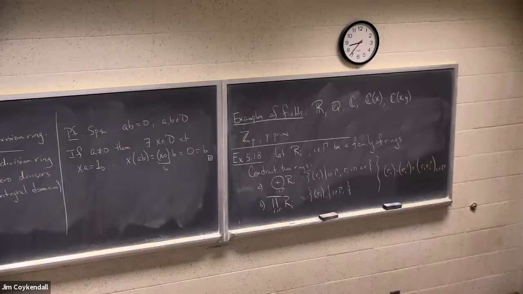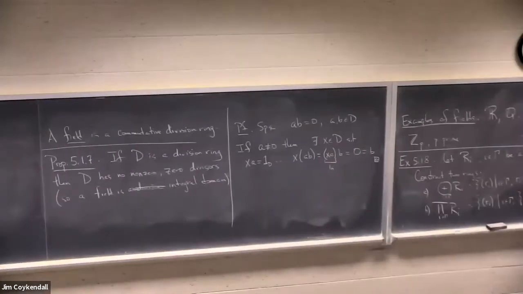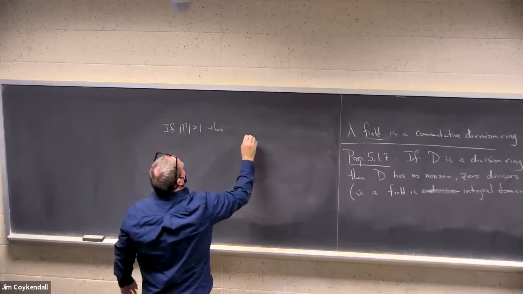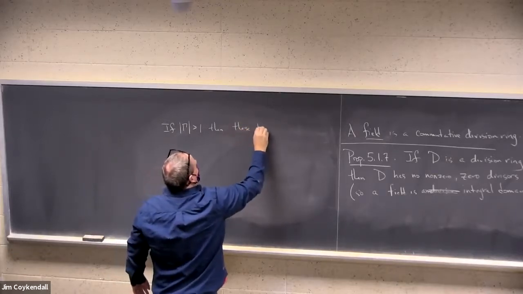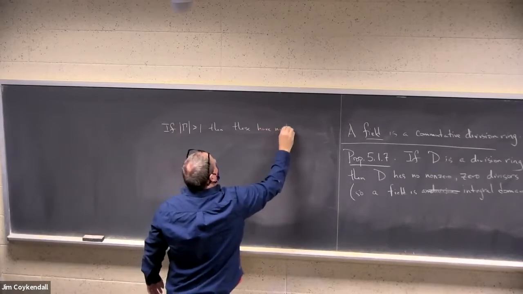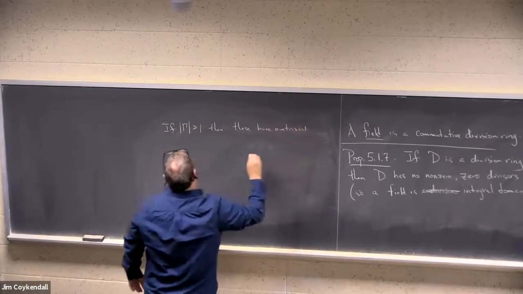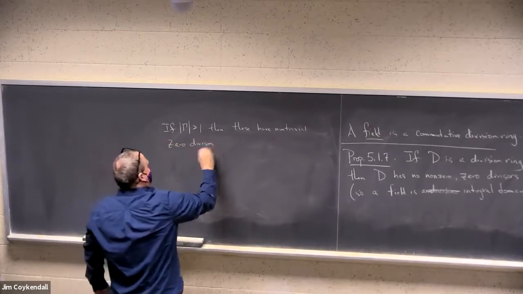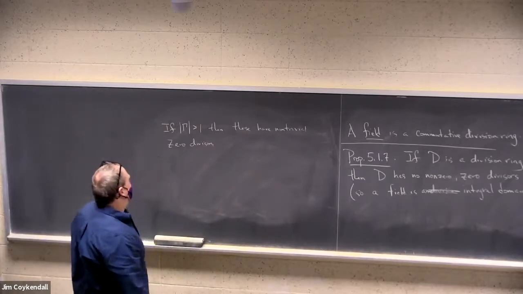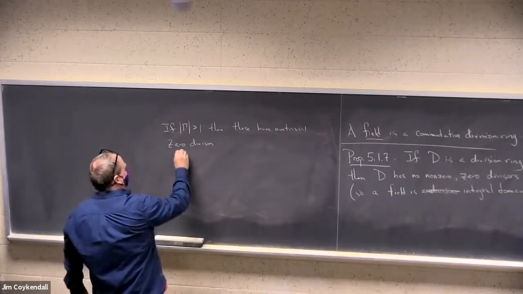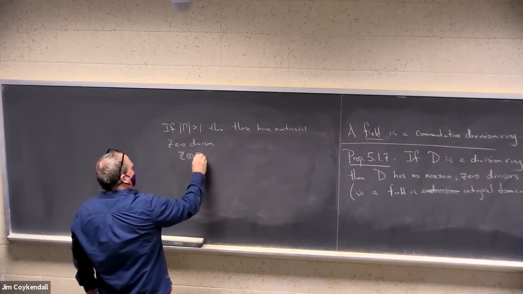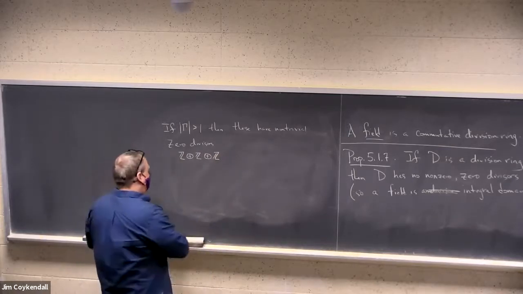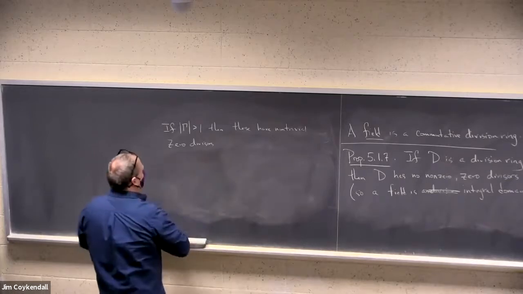So for example, if the index set is bigger than 1, then there are non-trivial zero divisors. Because, for example, if you look at three copies of that, well, actually, let's take 2 copies.